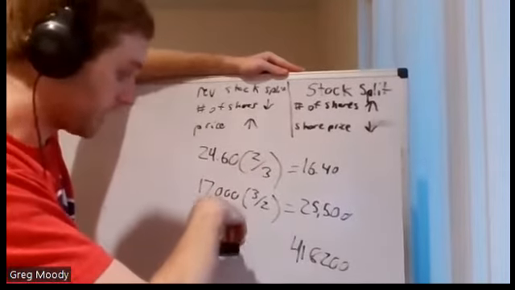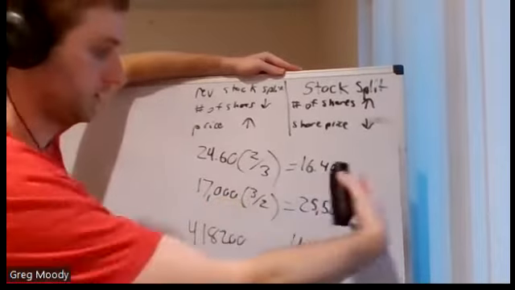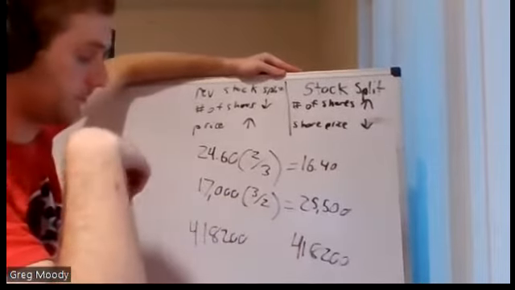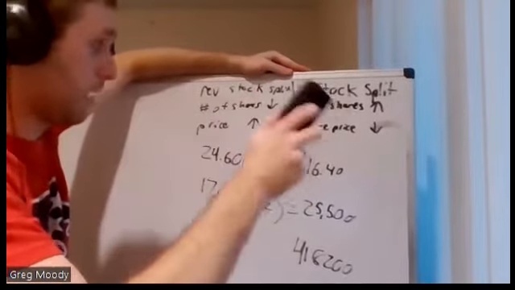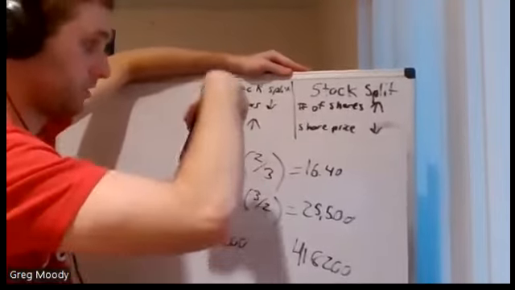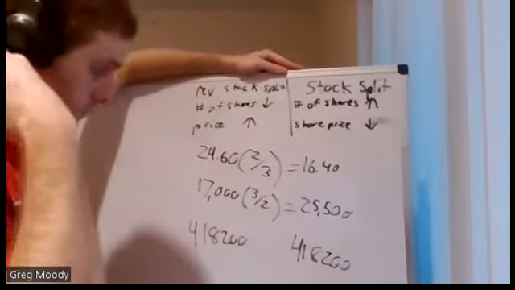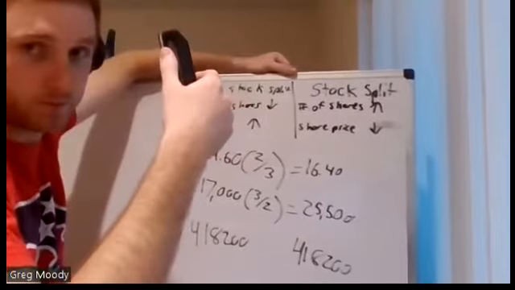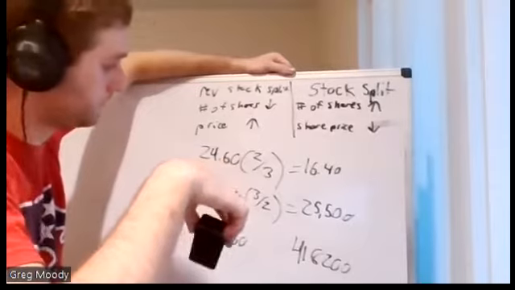Where our number of shares is going to go up, we put the larger number on top. With a reverse stock split, the opposite is true. Our number of shares goes down as our price goes up because we're taking shares out, and our price is going to rise the same way conversely. I think the word is for.